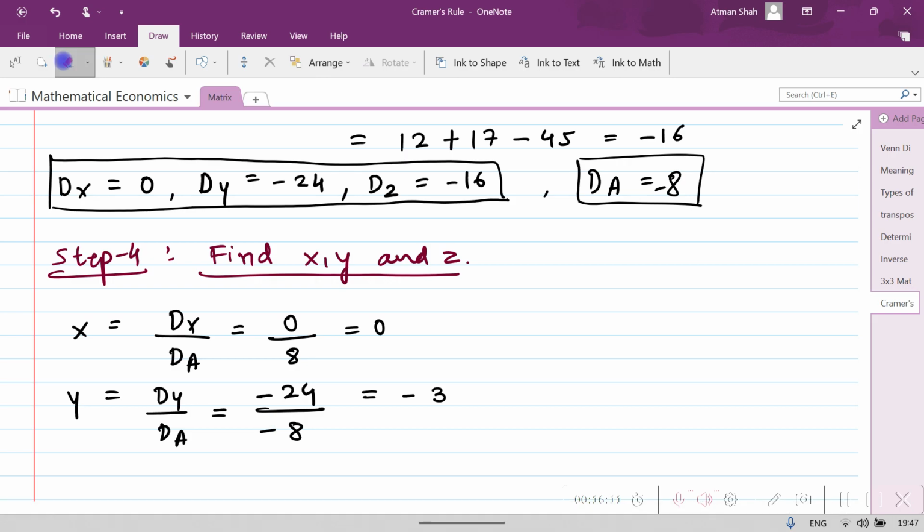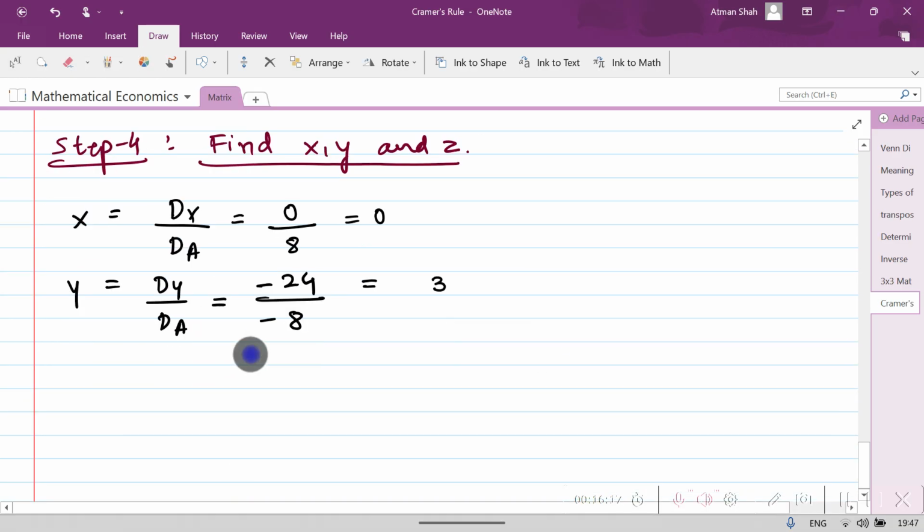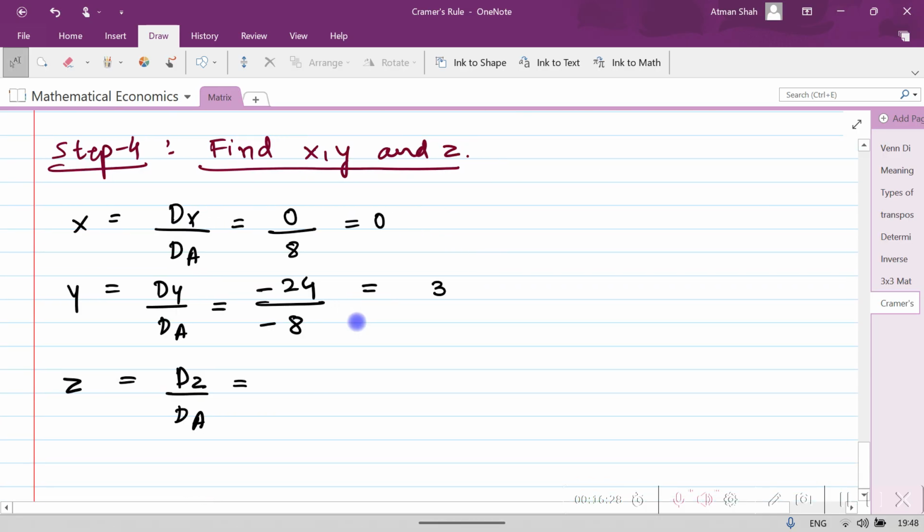So y is 3 and z is equal to dz upon dA. So the value of dz is minus 16 upon minus 8, which is equal to 2.